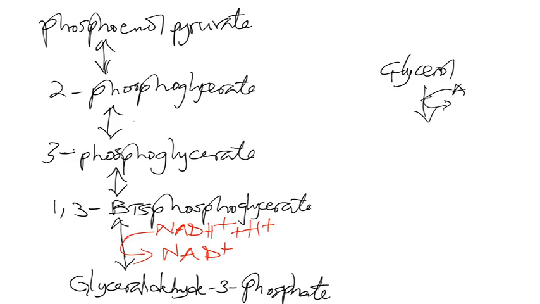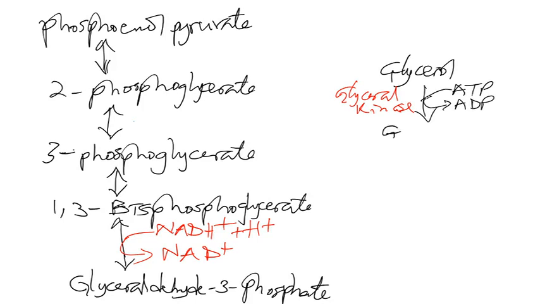So we use one ATP molecule. So the enzyme here is glycerol kinase. So it phosphorylates a molecule of glycerol to activate it to glycerol 3-phosphate.